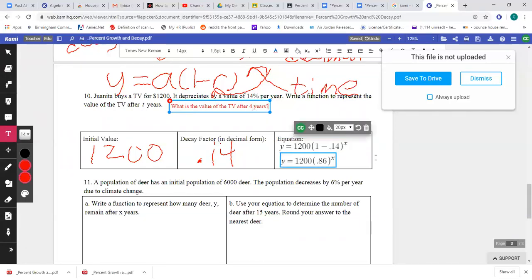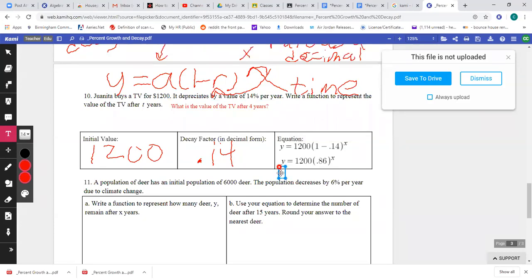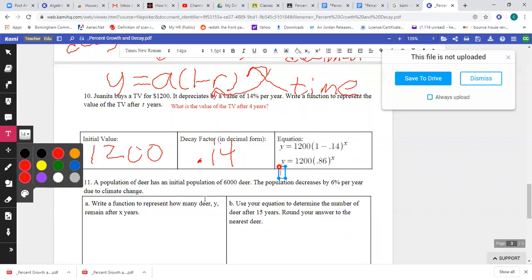Let's do that on your calculator. You should get 1200 times 0.86 taken to the 4th power, and so you get $656.41.